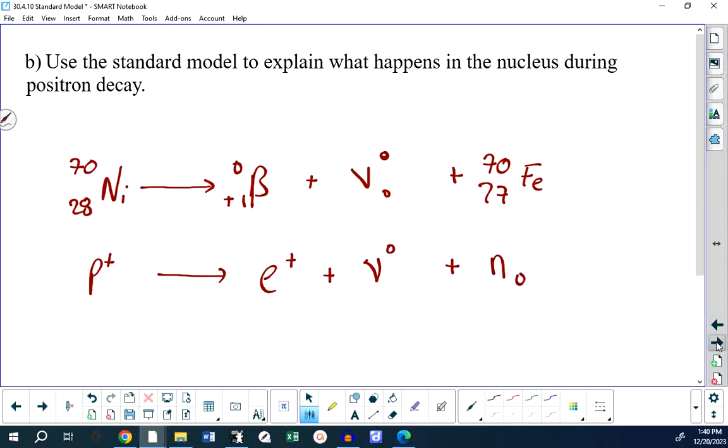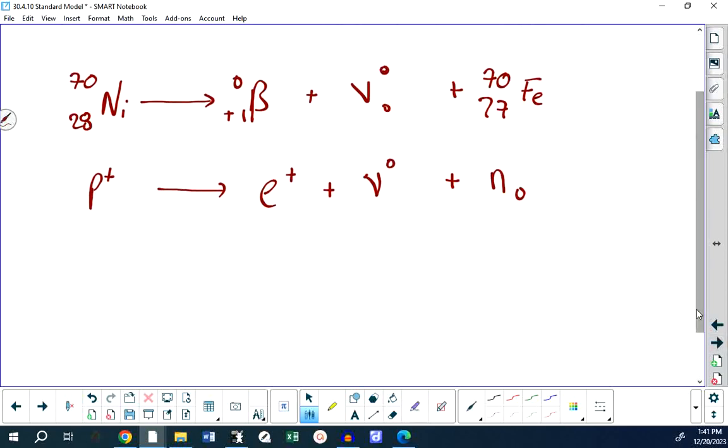I think it's reasonable that looking at the numbers of protons to begin with and afterwards, you see that a proton changes to a neutron. I think it's also reasonable for you just to look at the fact that this is up, up, down, and this is up, down, down, for you to say that the true change is an up quark changes to a down quark.